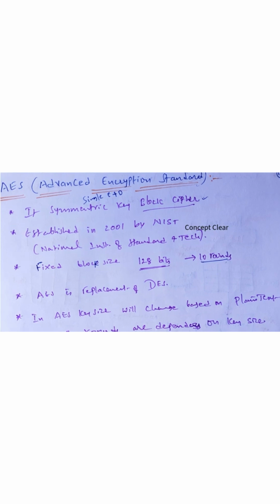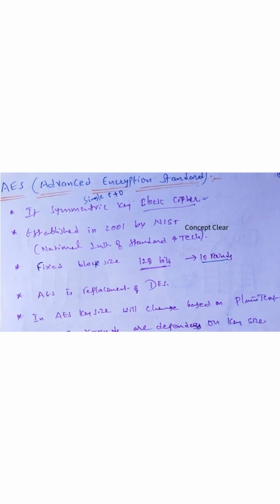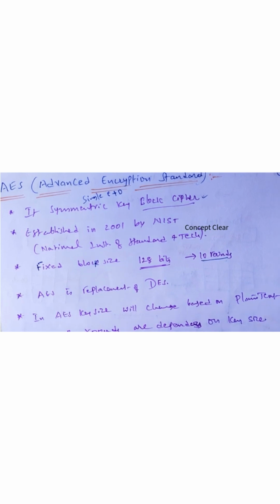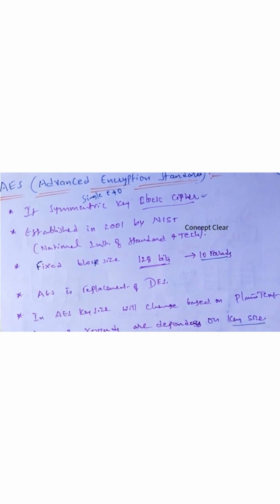In AES the key size will be changed based on the plain text, and the number of rounds also depends on the key size. In the DES algorithm the plain text size is 64 bits and the key size is also 64 bits. In that we convert 56 bits into subkeys, and in the 56 bits we use 48 bits for the round operation.